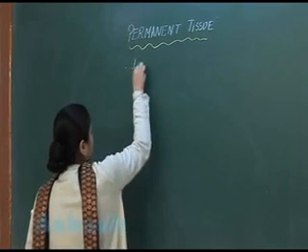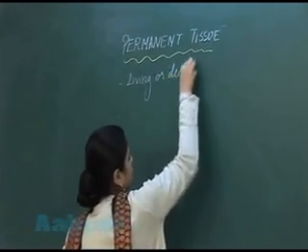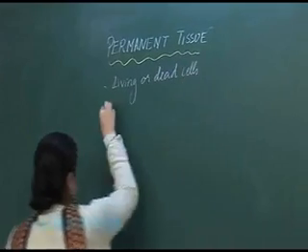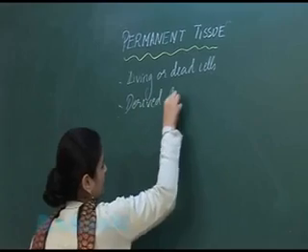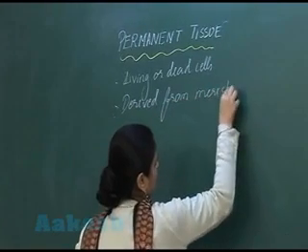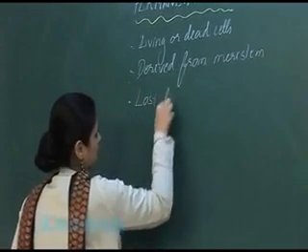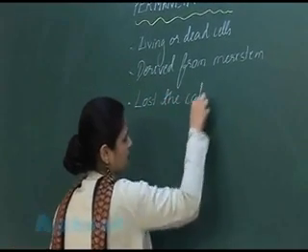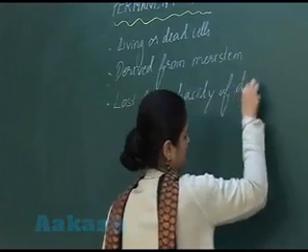So living or dead cells derived from meristematic tissue, derived from meristem, which have lost the capacity of division.